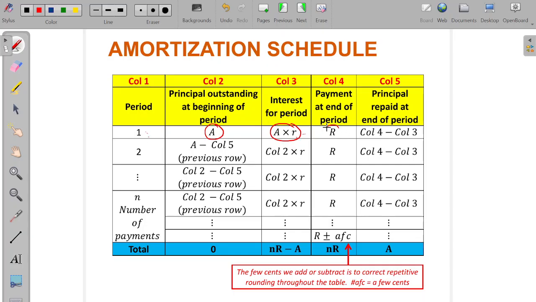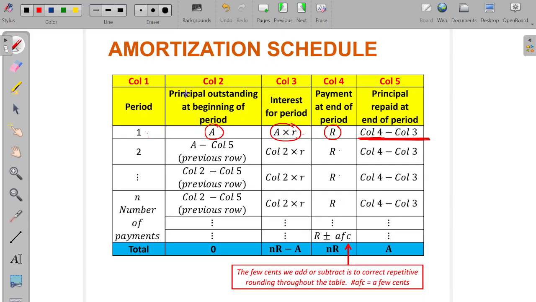And then we have the payment we must pay in the first month. Actually, that payment is the payment we are going to be making every month or every year until we finish payment. I'm going to explain this later. So now the principal repaid is the payment we made minus the interest for that period. That would be the principal repaid.